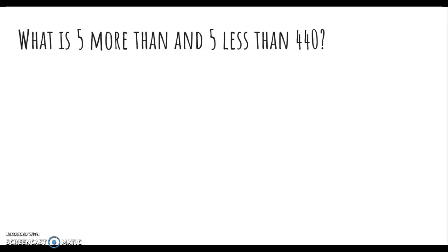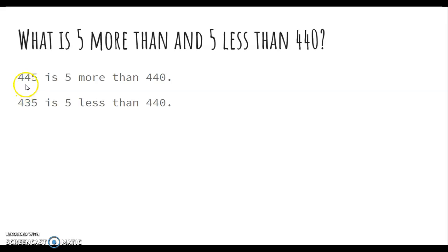All right, let's check your answers. If you add 5 to 440, 440 plus 5 equals 445. That means 445 is 5 more than 440. Awesome. If you got that correct, great work.